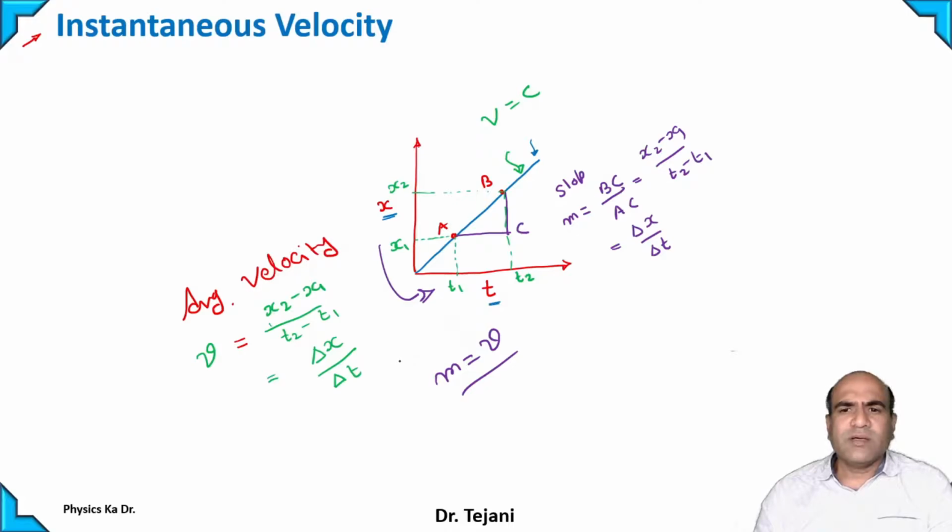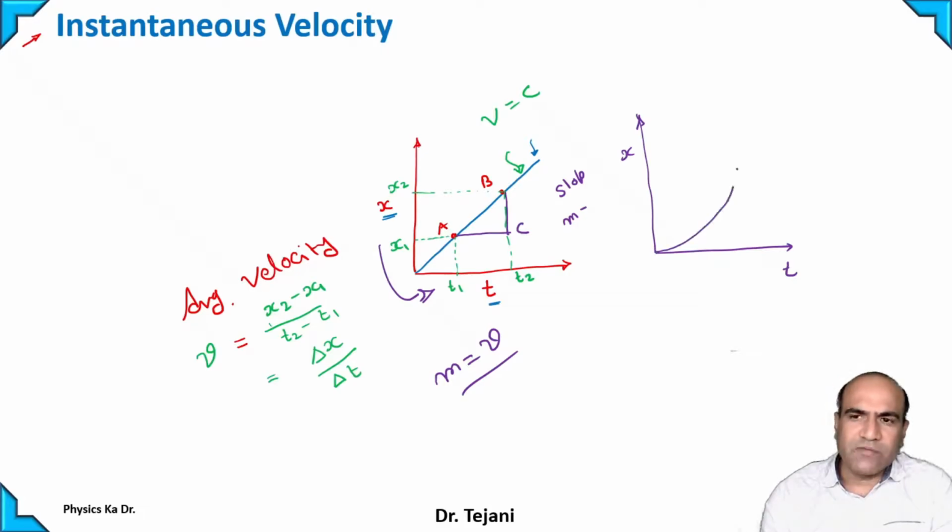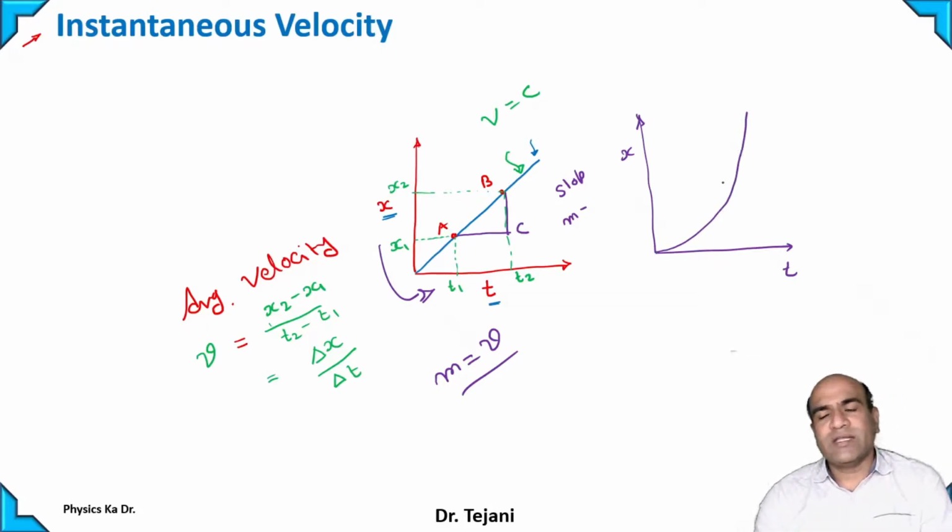Now, suppose we draw a similar graph for some other object, x versus t, and this graph is not a straight line, but is increasing somewhat with time.